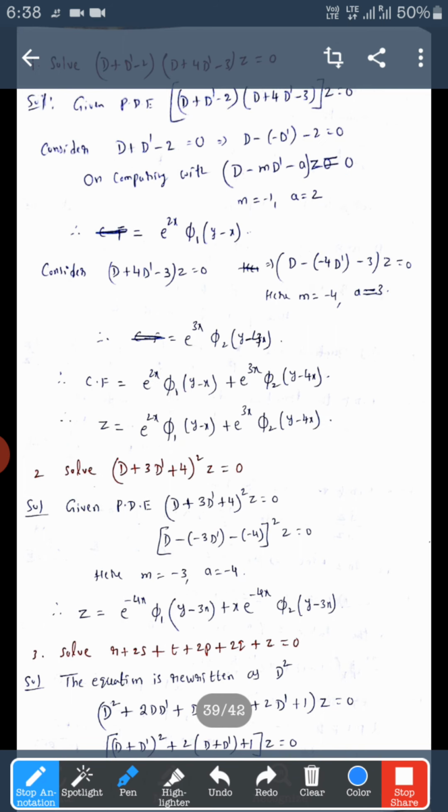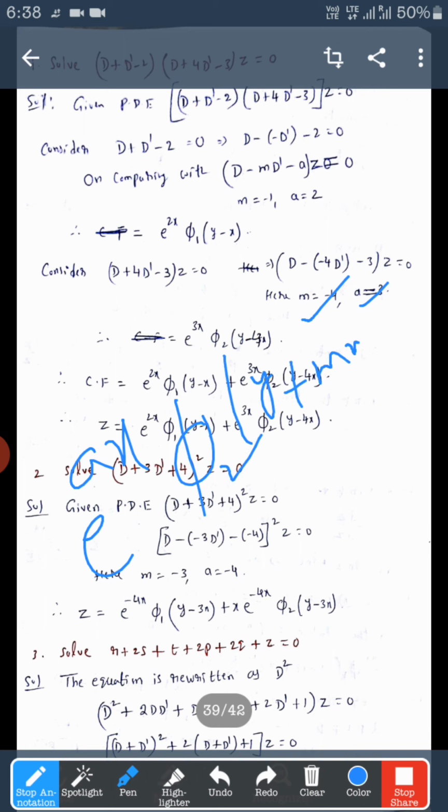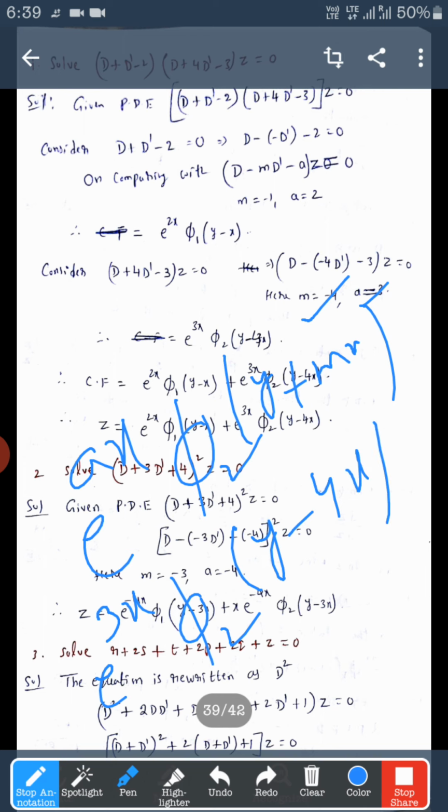Next, coming to this one, (D + 4D' - 3)z = 0. Here m is equal to -4 and a is equal to 3. Therefore, this is e^(ax) phi 2(y + mx), that is, e^(3x) phi 2(y - 4x).